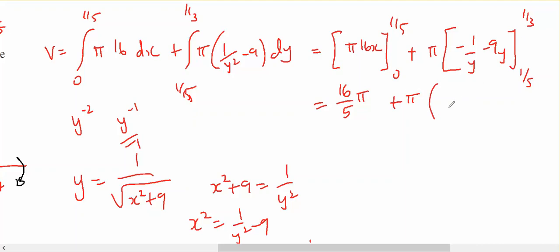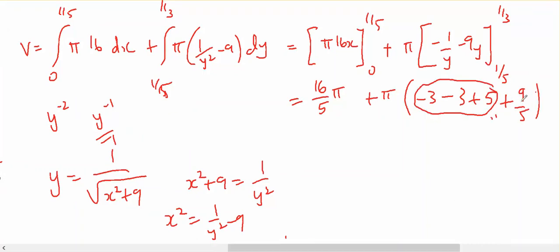-1 on 1/3 is minus 3, minus a 3, then plus 5. So that's 9/5. So what have we got? We've got equals 16 on 5 pi plus pi times, that's minus 1.